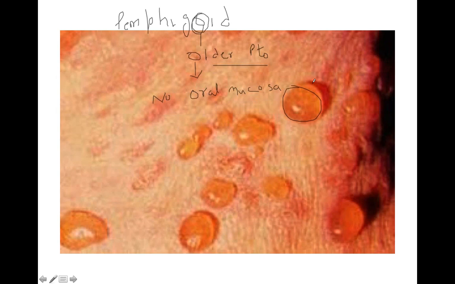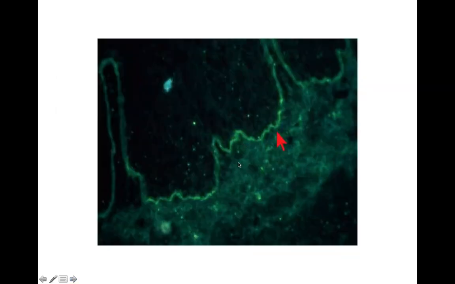Immunofluorescence shows IgG and C3 deposits at the dermal-epidermal junction. Treatment is steroids. As you can see, this is the epidermis and dermis, and you can see IgG deposits at the dermo-epidermal junction. That's why the whole layer is involved. In pemphigus, only a very thin layer, the epithelial layer, was involved. That's why we have flaccid blisters occurring in the oral mucosa.